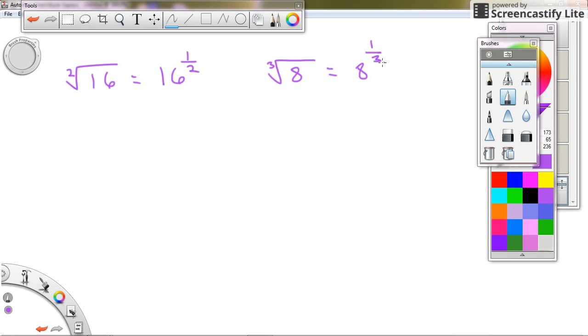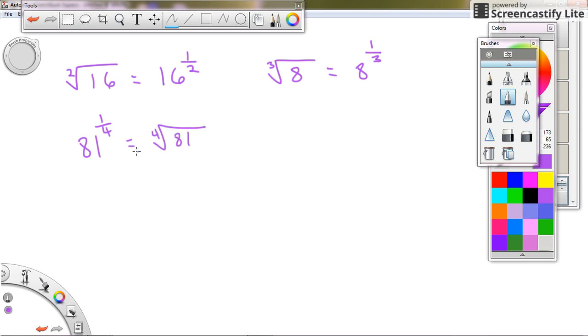The denominator in this exponent is saying, take this number here, our base, and take this root, the third root in this case. If I had another one like 81 to the 1/4 power, this is saying take the fourth root of 81.